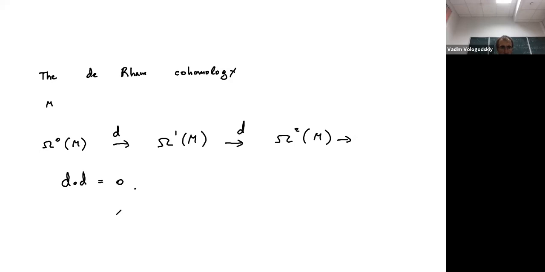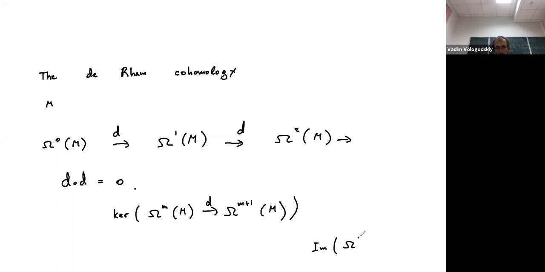In other words, if you consider the kernel of the map from omega m to omega m plus 1, the kernel of the de Rham differential, then it contains the image of the de Rham differential from omega m minus 1 to omega m.